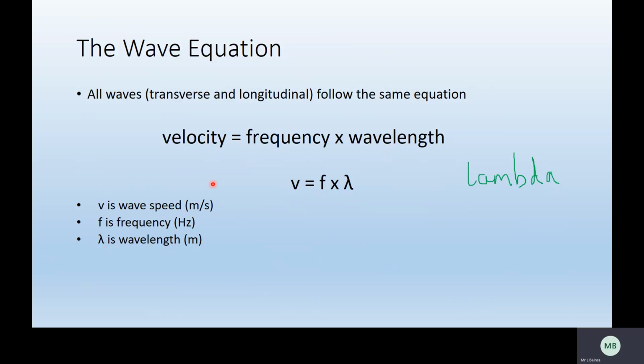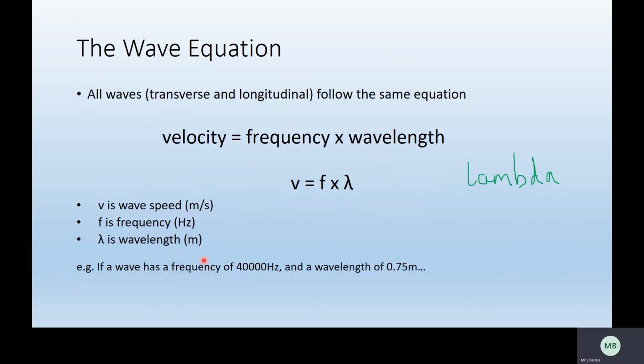Even this part down at the bottom needs to go into your book. The one thing you must remember is these units are really, really important. This must be meters per second, this must be in hertz, and this must be in meters. They often try and catch you out with those by giving you it in centimeters or millimeters. You need to convert it to meters. Make sure this is in your book with all your notes.